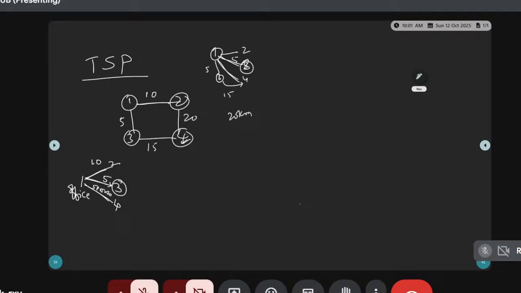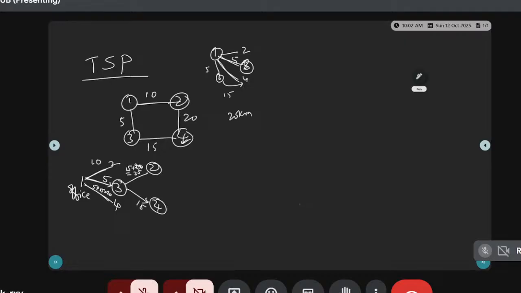At station 3 again, two stations are left over, 2 and 4. Then again two options: either you go to station 2 or go to station 4. So from 3 to 4 it is 15. 3 to 2 it is 15 plus 20, that is 35.